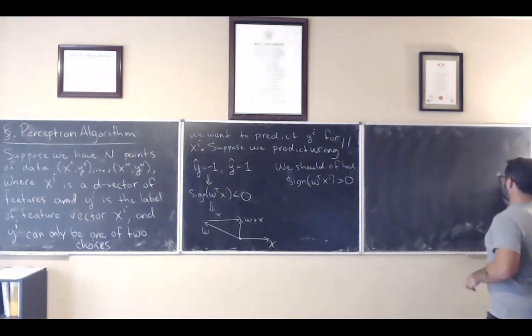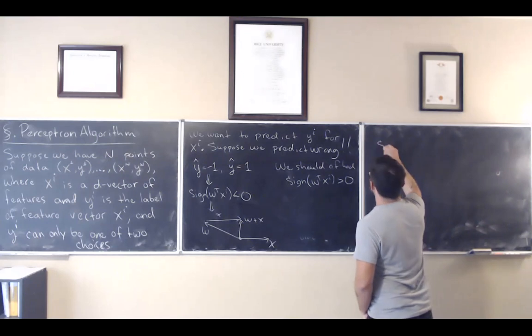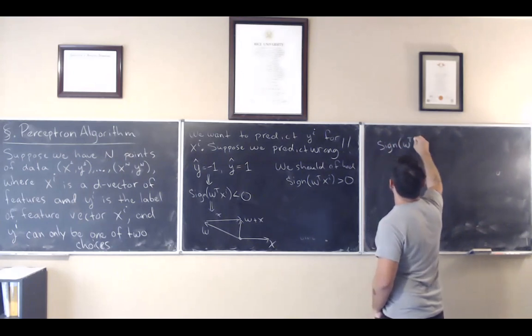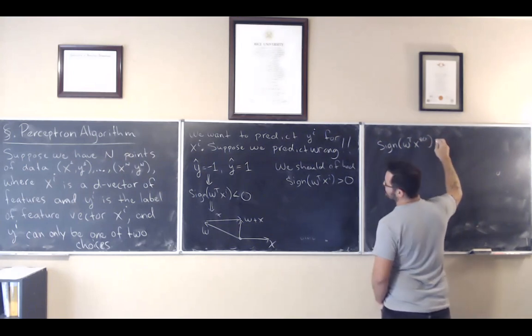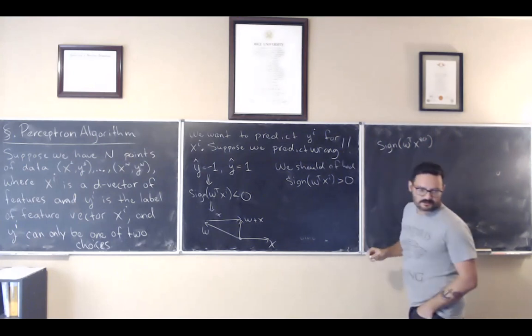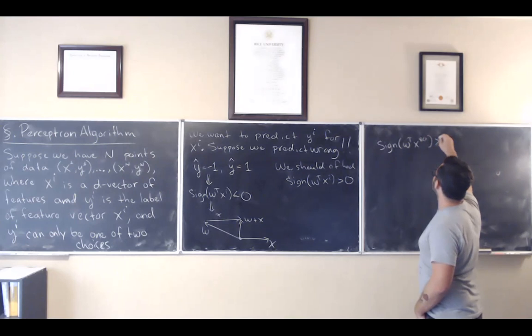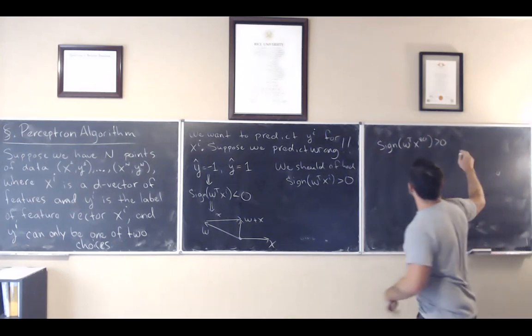Or for the feature vector 80. So we predict, so we have sign of w times x80, the 80th one. We predict that to be positive, but it should be negative, right?